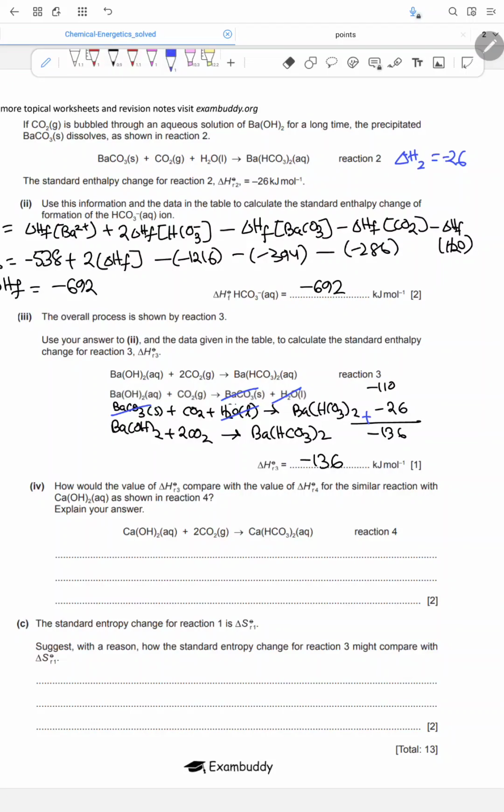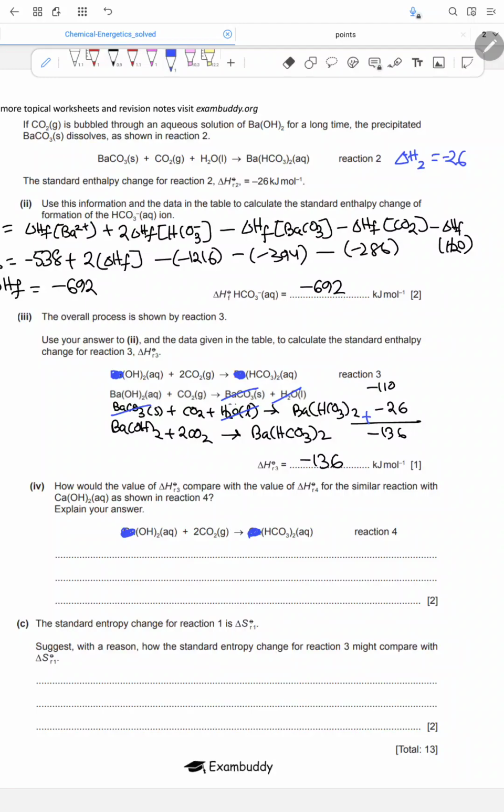Let's try masking them. I am removing barium from this equation and calcium from here. You see, they're the same. The reaction is actually happening between the hydroxides and the carbon dioxide from the hydrogen carbonate.